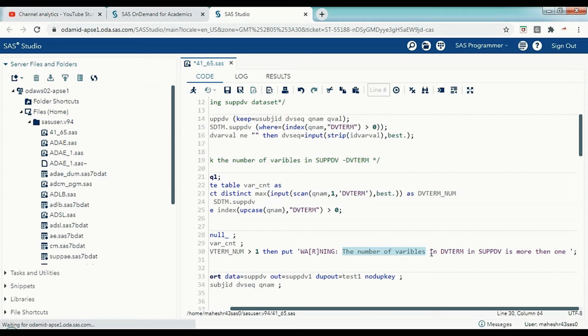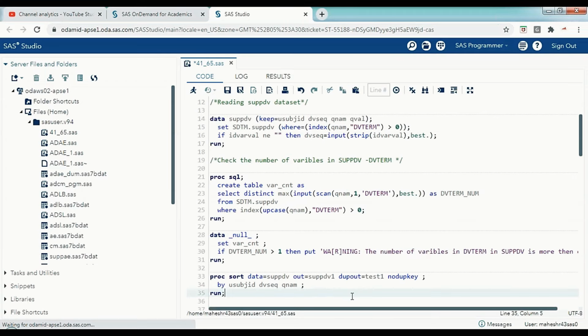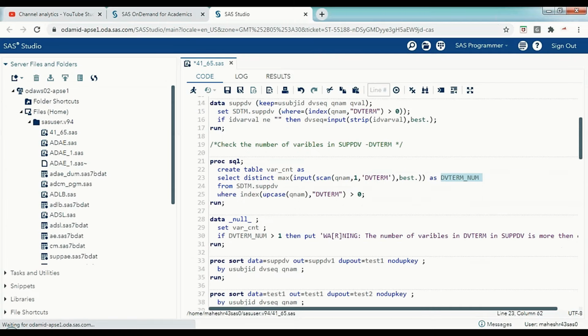If the number of DV terms for a subject in the SUBDV is more than 1, because there is more than one deviation, we get a problem when remerging the deviation data set. This is a warning, because every subject's DV sequence 1 has a unique deviation, right? If there is more than one, meaning duplicates exist, we need to check by counting the major DV terms, and whether that count is greater than 1.